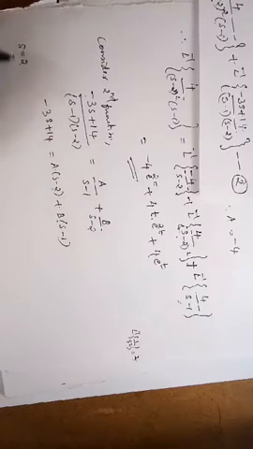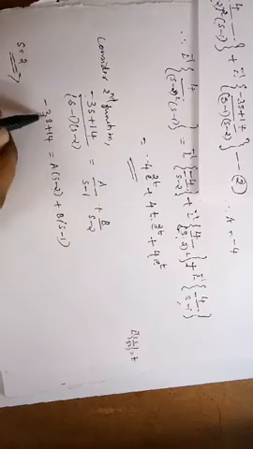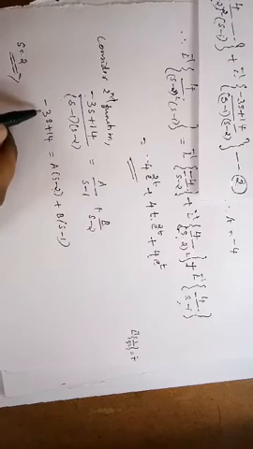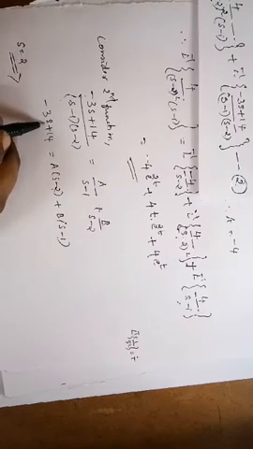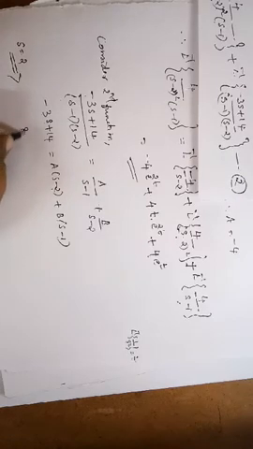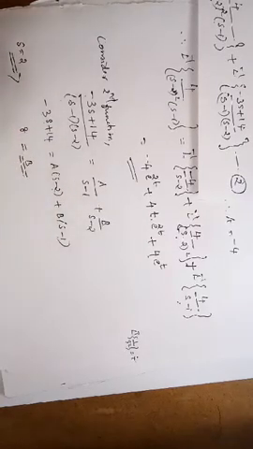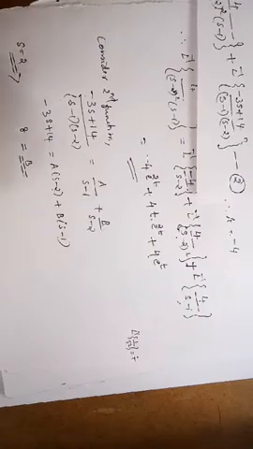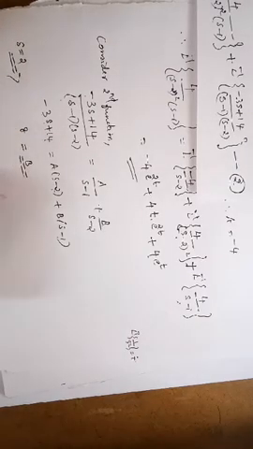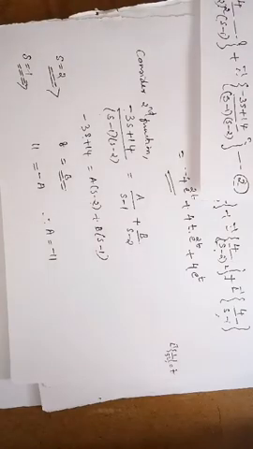So put s equal to 2 on both sides: we get minus 3 into 2, minus 6 plus 14, that is 8, equal to b. Then when we put s equal to 1, minus 3 plus 14, that is 11, is equal to minus a. So a is equal to minus 11.